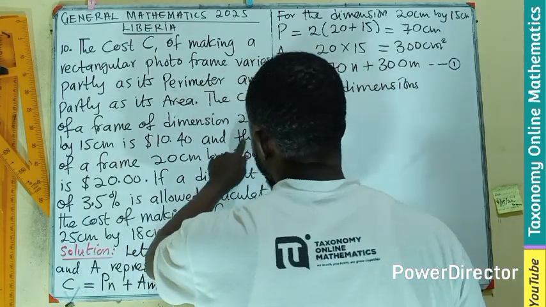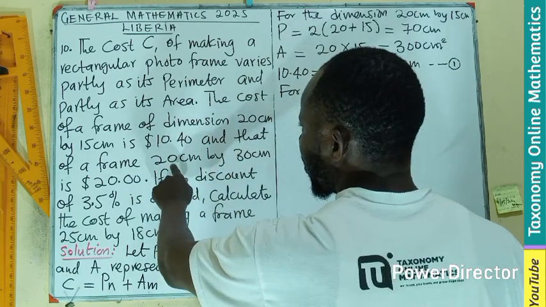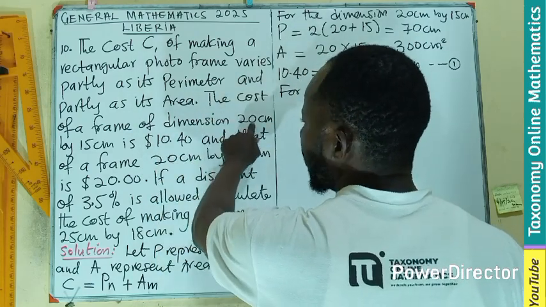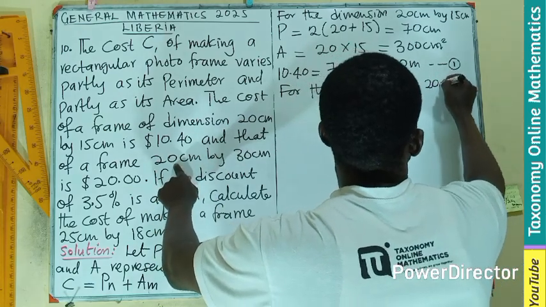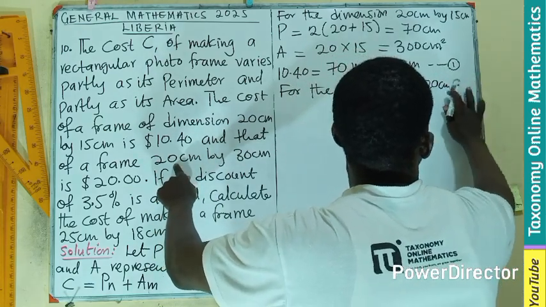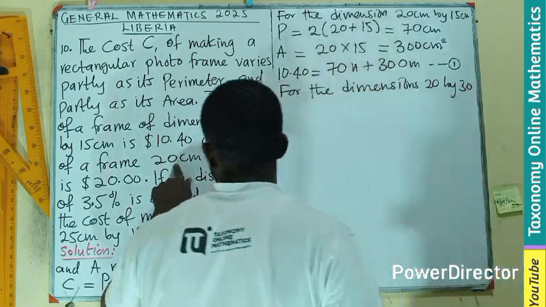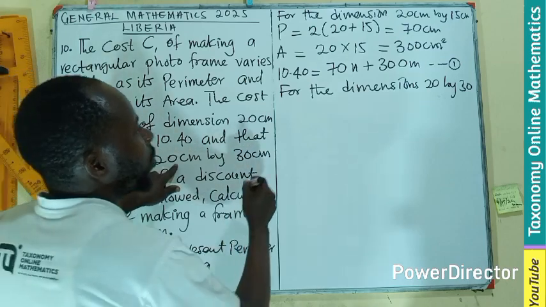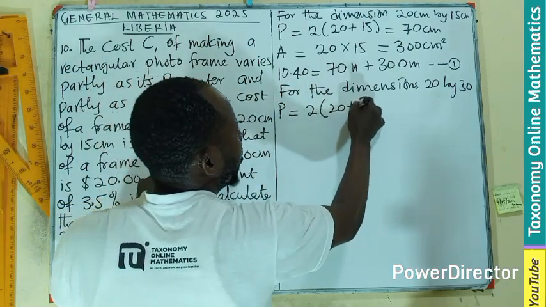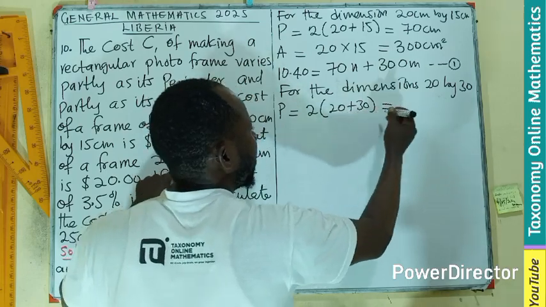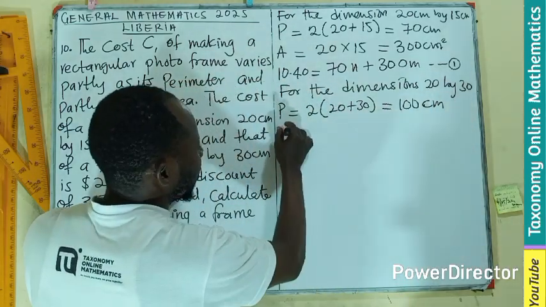For the second dimension, the first was 20 by 15, the second will be 20 by 30. We know it's in centimeters. The space is not there. So I'm going to have my perimeter as 2 times 20 plus 30, which is 50, so 100 centimeters.